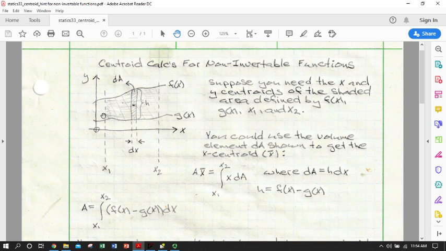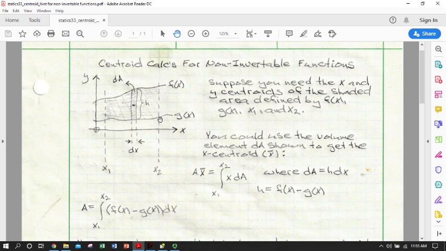So we're interested in finding the y centroid between x equals 1 and x equals 2, over this particular area. We're looking at the y centroid of the area that is defined by the difference between f of x and g of x, so between the bottom here and the top here, that gap and its area between this left-hand limit and this right-hand limit.